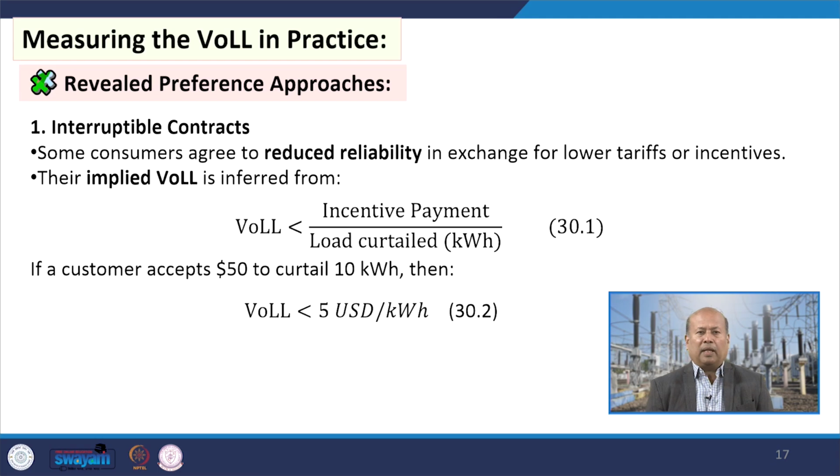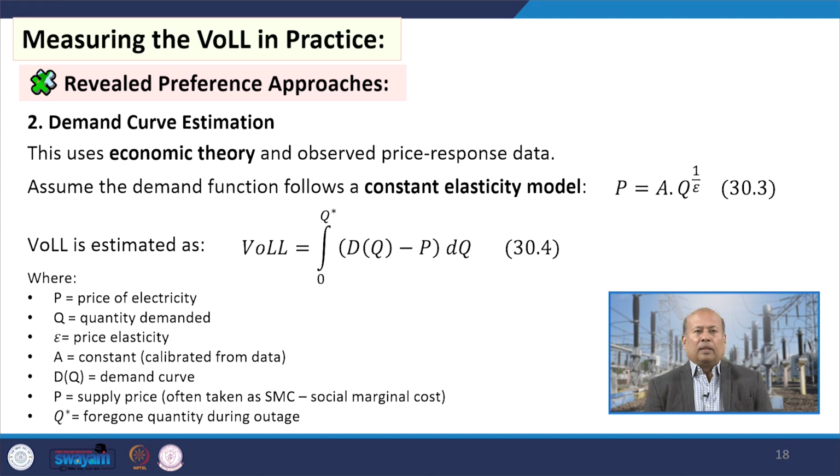If a customer accepts $50 to curtail 10 kilowatt hour, then the VoLL will be less than $5 per kilowatt hour.